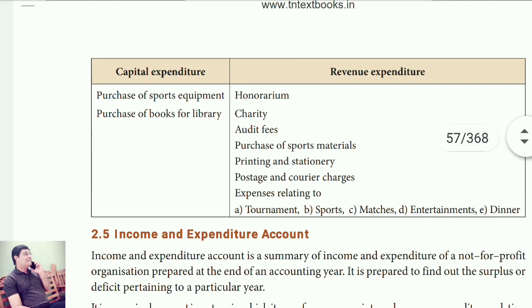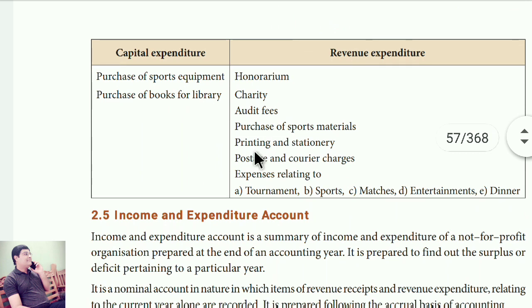See here, capital expenditure is purchase of sports equipment, purchase of books for library, and revenue expenditure, all these items. Understand? Now you know what is capital expenditure, revenue expenditure, revenue receipt and capital receipt. Now you can do the income and expenditure account very easily.